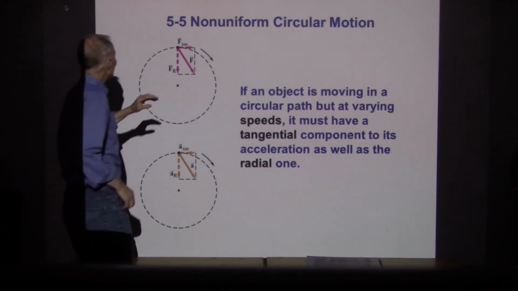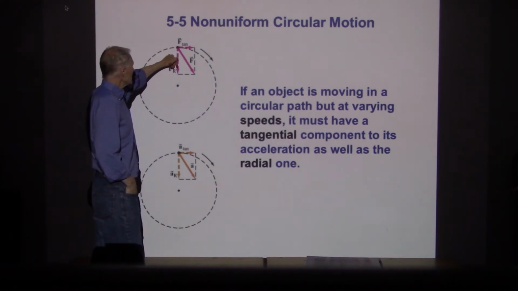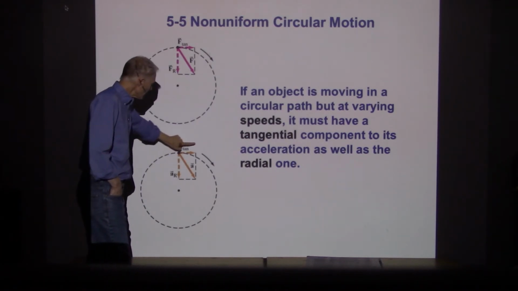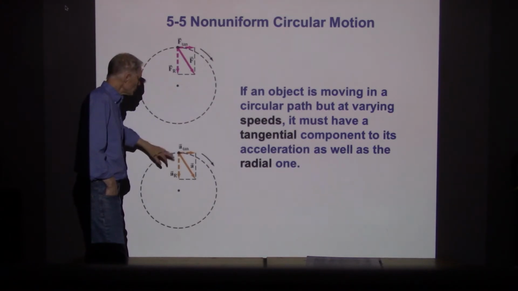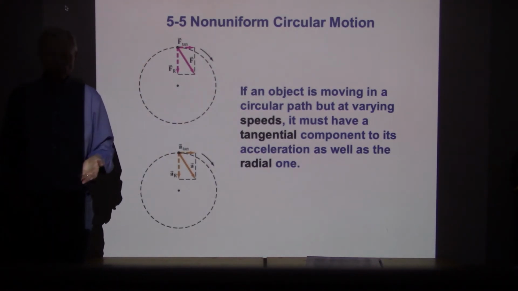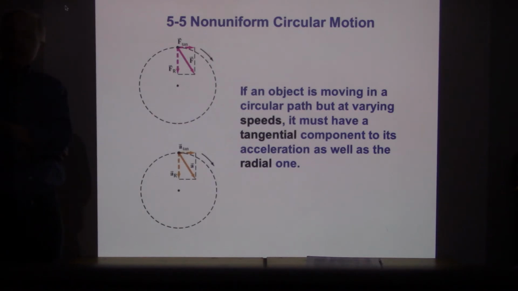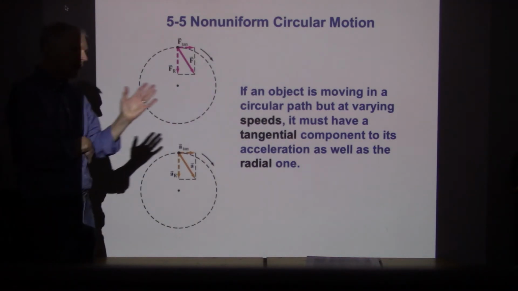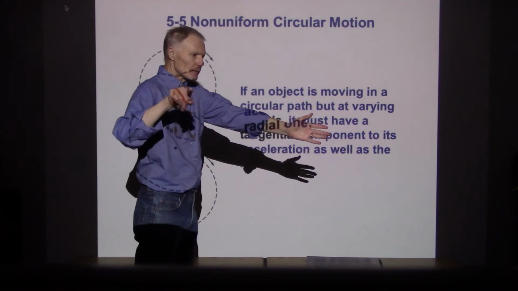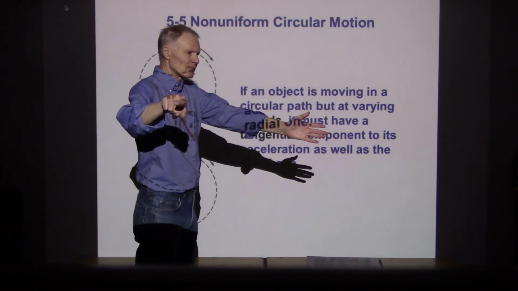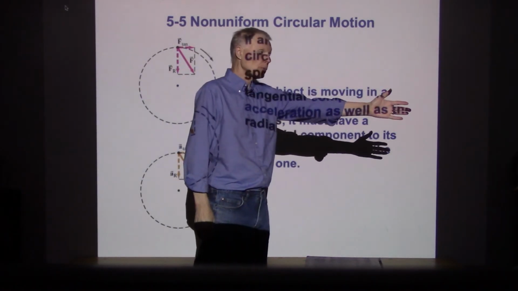Well, in addition to the radial component of the acceleration, we would also have what's called a tangential component. So in addition to the centripetal or radial component, we would have an acceleration along the path that the object is taking. So I'm not only accelerating sideways, I'm accelerating forward. I'm going faster and faster.